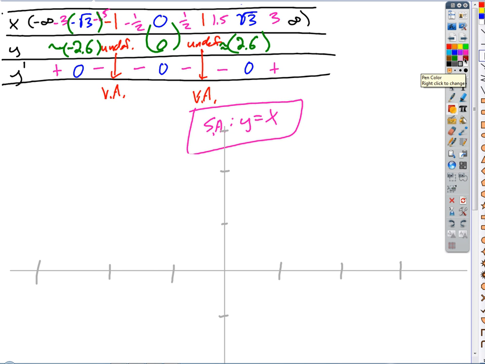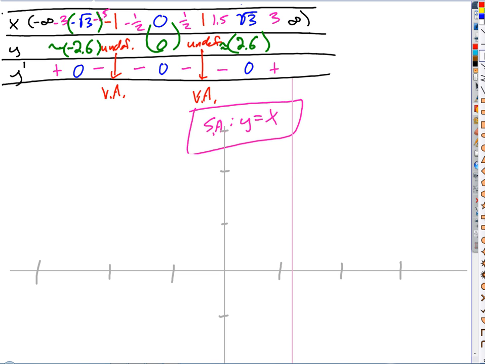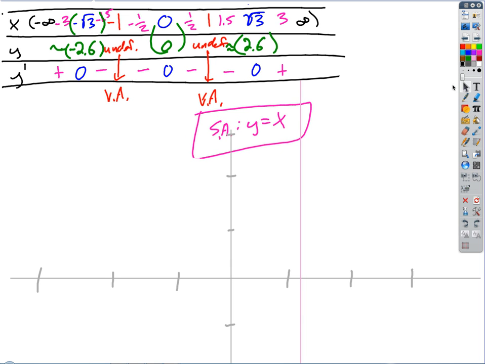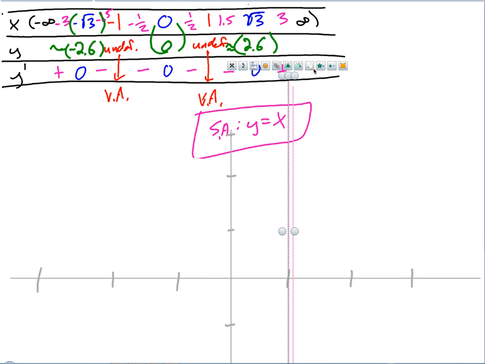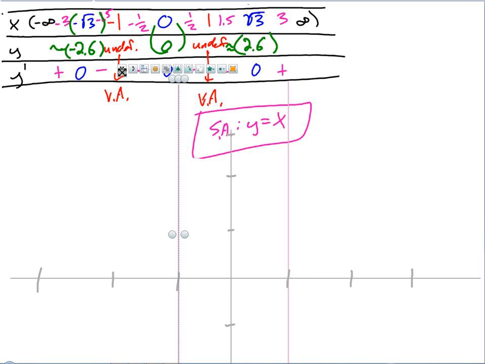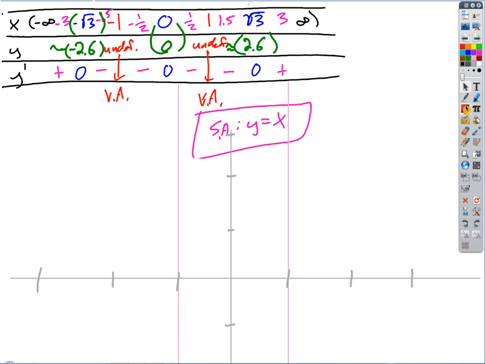So let's do those. And then we have to get one at y equals x. So let's do that.